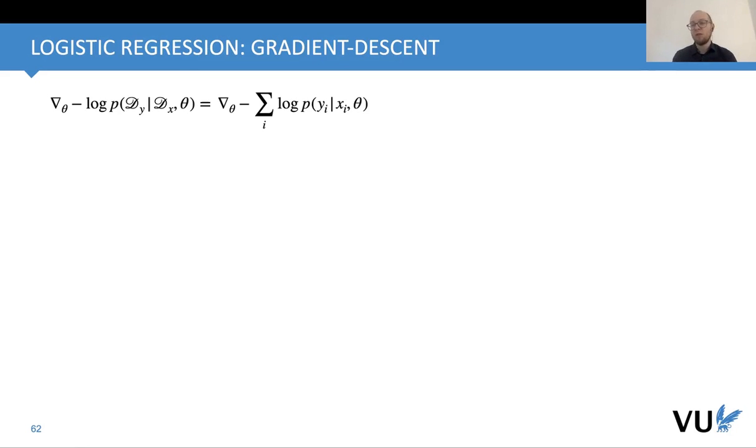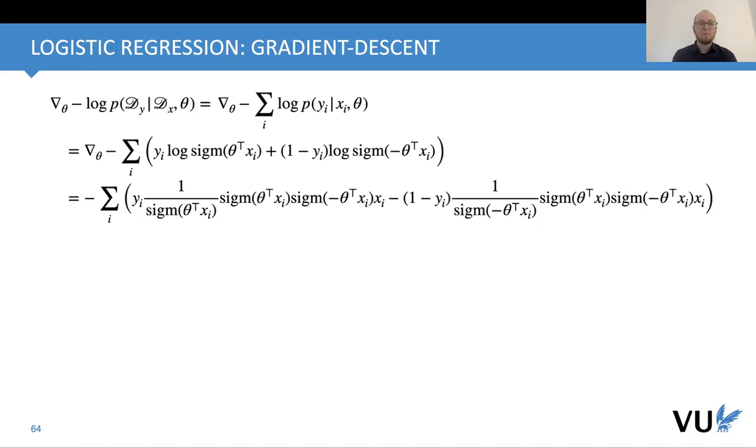We assume that our data are IID, so we can change the product into a sum. First, we write down the Bernoulli distribution in this case. We express the probability as sigmoid of this linear dependency. We also use the fact that 1 minus sigmoid is just sigmoid of the negative argument.